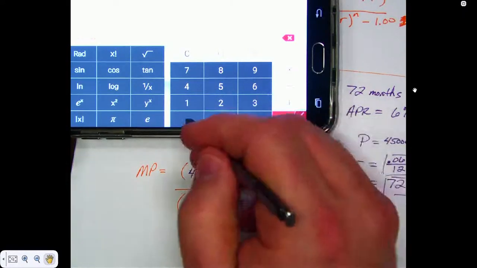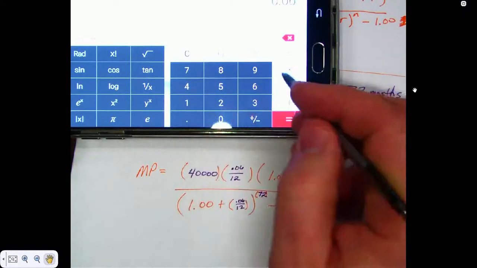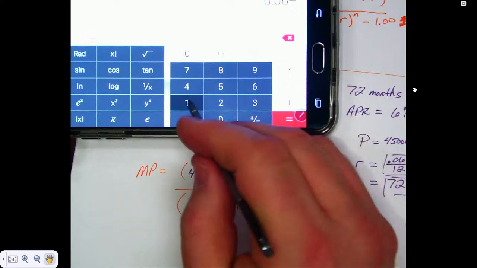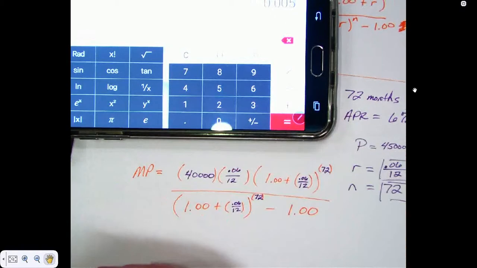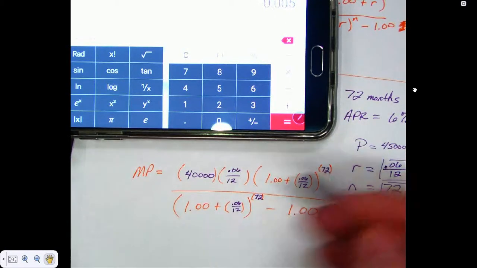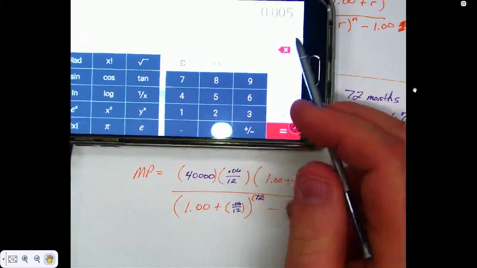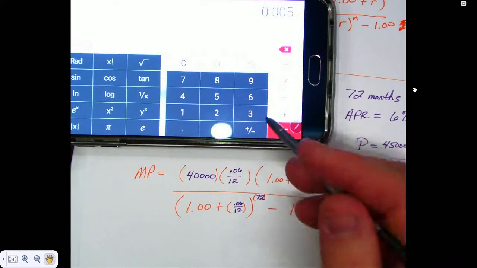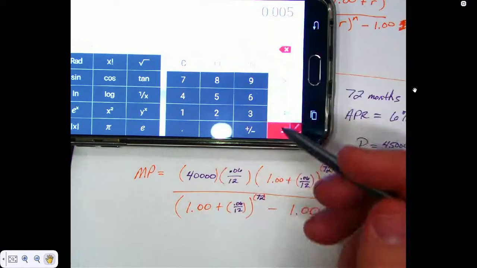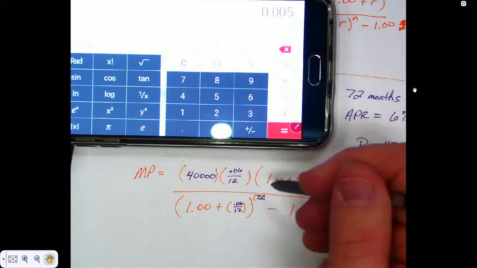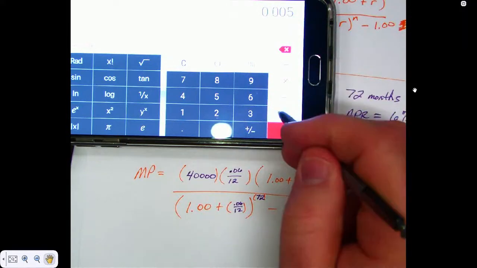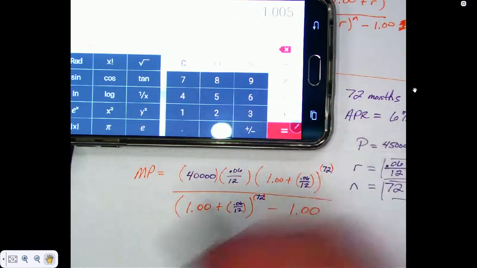I'm going to go 0.06 divided by 12. See what I get there. I get 0.005. If it comes up nice and easy like that, put 0.005 in, but it won't always do that. Sometimes it'll be a really ugly number. So I'm going to take that and add 1.